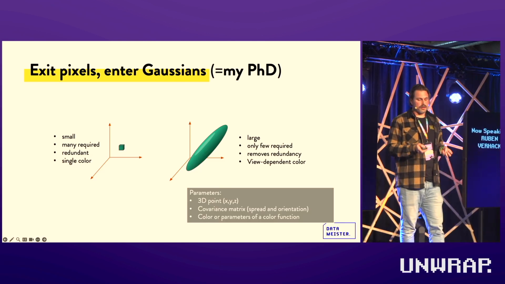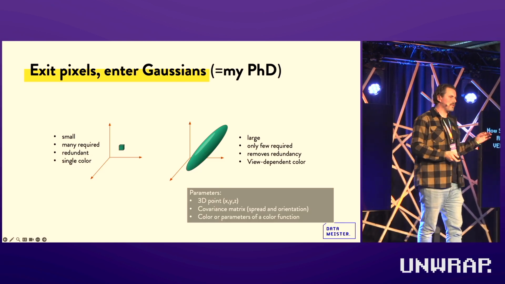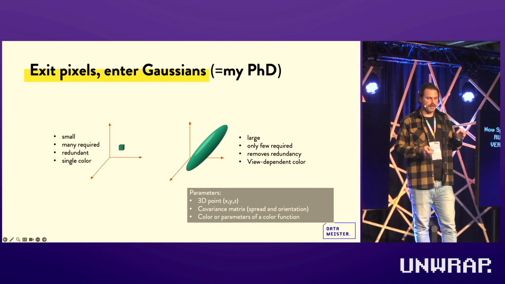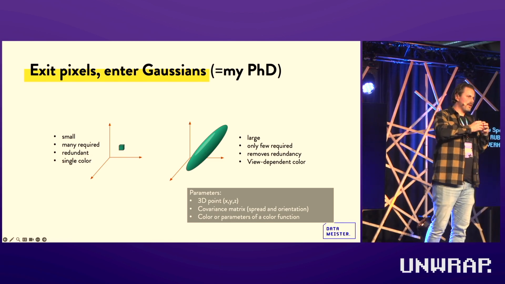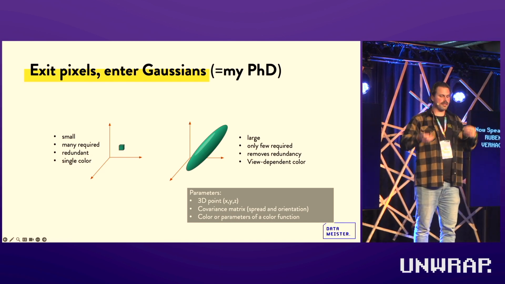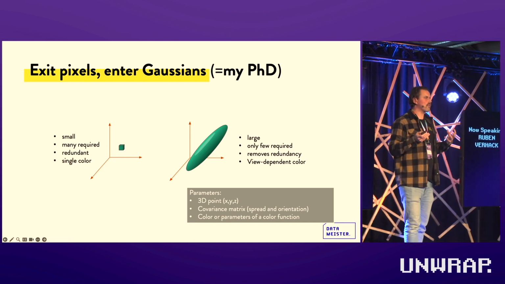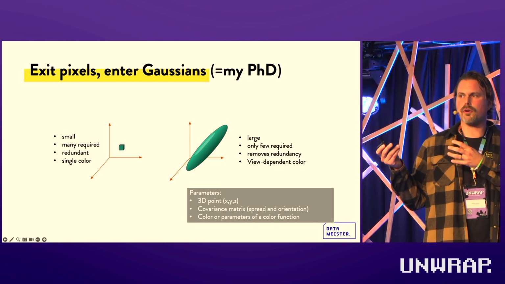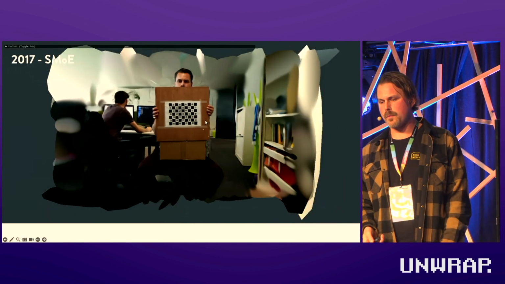It does come with a cost: whereas one point only has a location and a color, you need to store more data for one Gaussian. The position of it, the spatial extent and the orientation, and some sort of color function that returns a color based on the angle that you're looking at it.